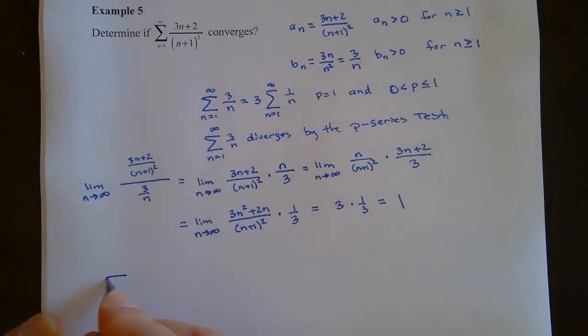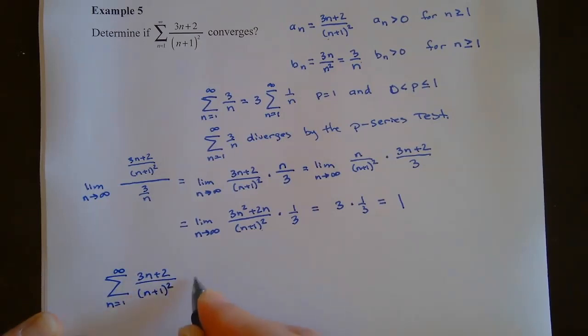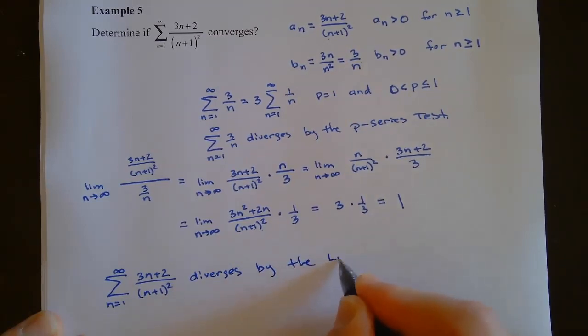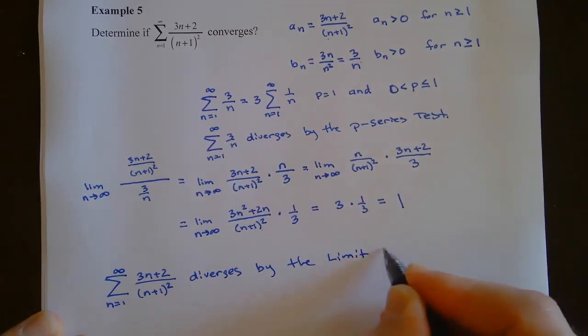So the sum from n equals 1 to infinity of (3n plus 2) over (n plus 1) squared diverges by the limit comparison test.